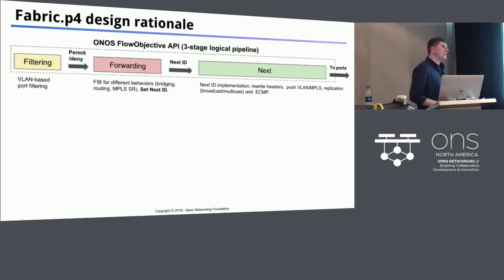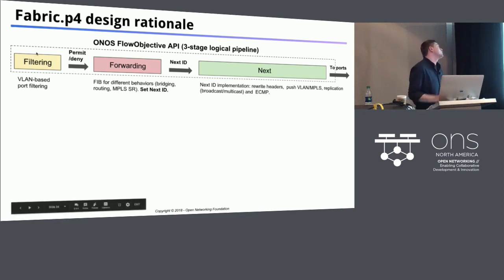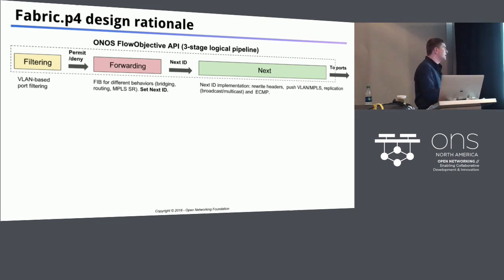To give an idea of how Fabric.p4 was designed, we started from the OpenFlow Flow Objective API, which is a 3-stage logical pipeline. We have a filtering stage. This is where you usually insert rules related to filtering packets based on the input port and the VLAN tag, if there's a VLAN tag. We have a forwarding stage, which represents our FIB and has different behaviors.